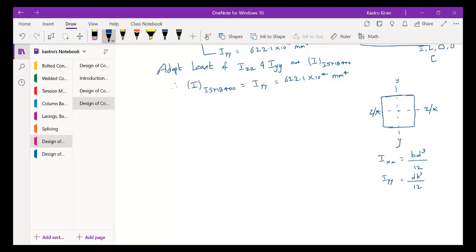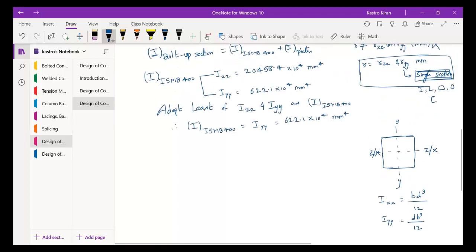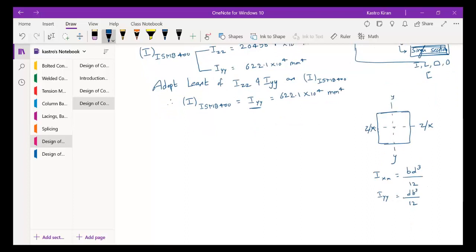Now, which one do you have to consider? Is it along the XX axis or the YY axis? For the I section, we have taken the moment of inertia about the YY axis. So here also for plates, you have to take the moment of inertia about the YY axis only.